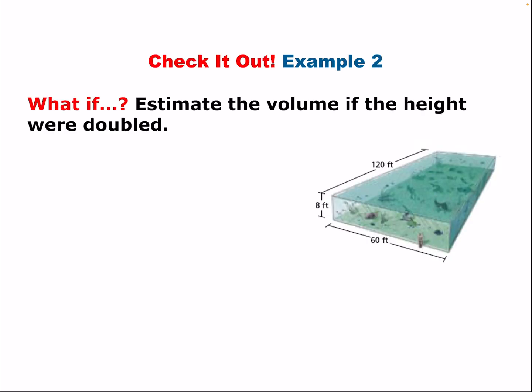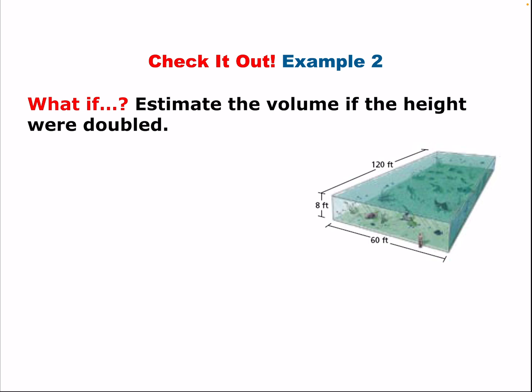Now it says estimate the volume if the height were doubled. So if I have whatever this is, that's 120 times 8 times 60. What would happen to the volume?